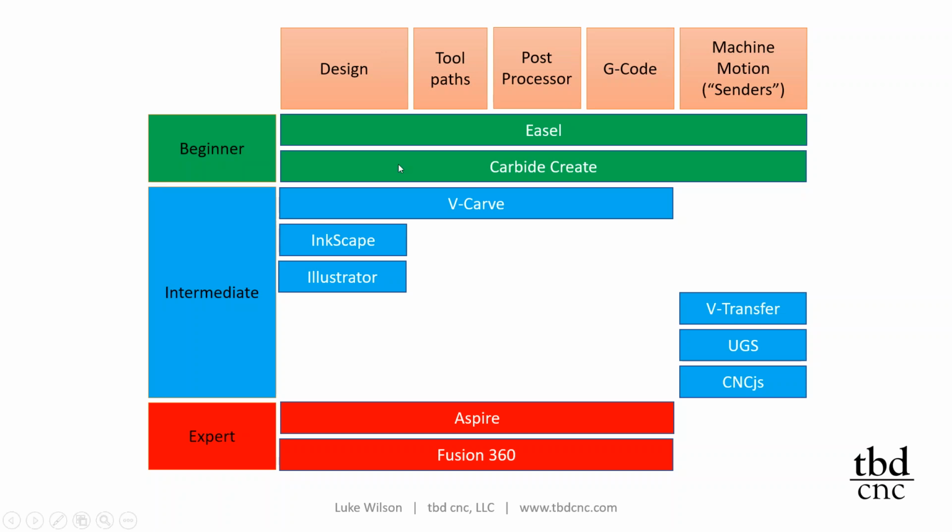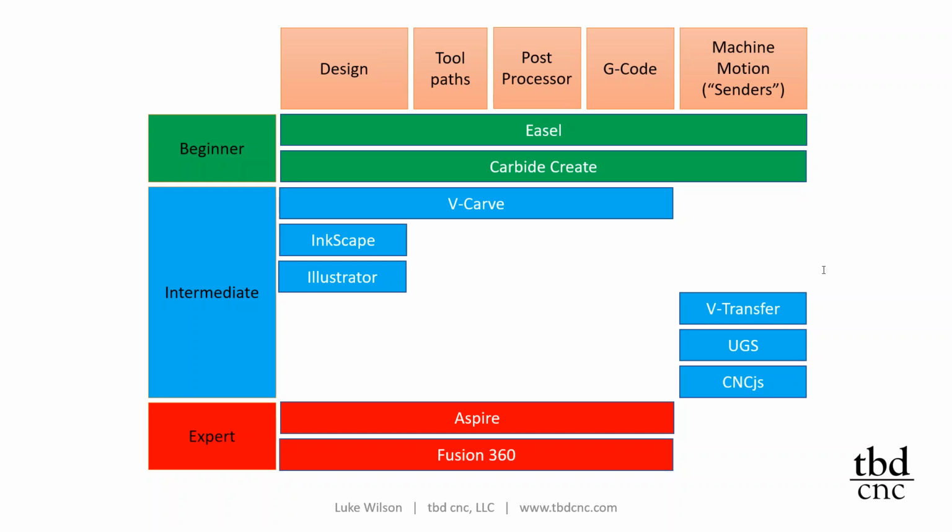Then you get to the senders down here. So a few different options: V-Transfer, Universal G-code sender, CNC.js. Universal G-code sender is probably the most popular. It does a pretty good job. I personally use CNC.js. We'll get into why in a second. But your workflow, generally speaking, is going to be to work left to right in this chart.